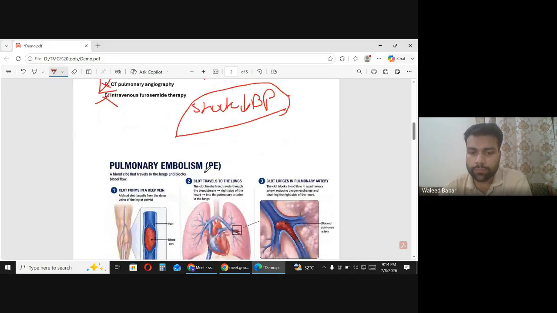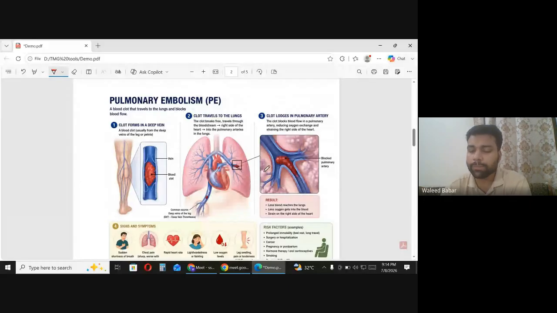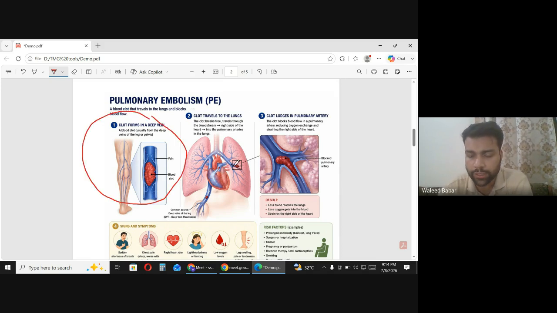So now let's discuss the pathophysiology of pulmonary embolism briefly. Because of risk factors like immobility, a hypercoagulable state, obesity, pregnancy, the patient would have a clot in the deep veins of the legs that will move into the pulmonary artery and obstruct the outflow of the right ventricle.